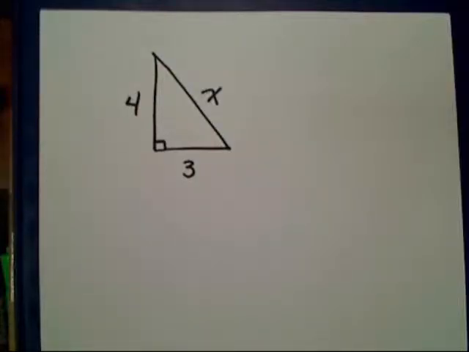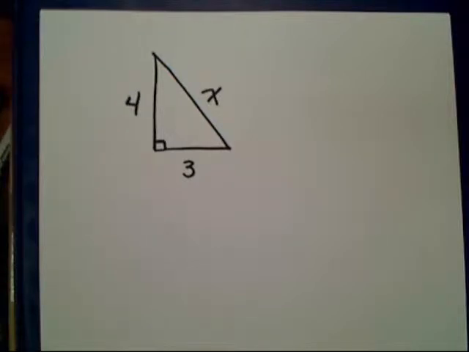All right, say we have this triangle with one side on the left of 4 and the bottom is a 3, and then we have x, or unknown, for our other side. First thing we need to make sure that we do is identify the sides. What are we looking for? Do we have an A? Do we have a B? Do we have C? What was the difference again?